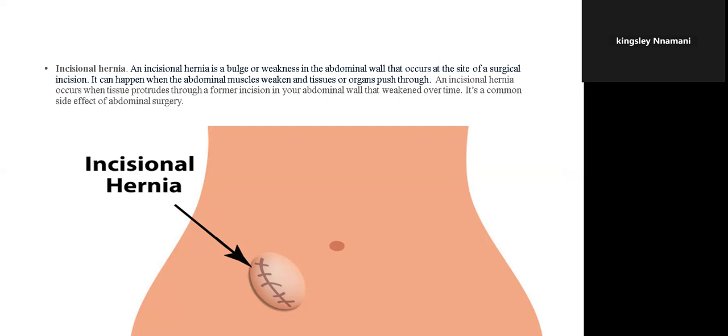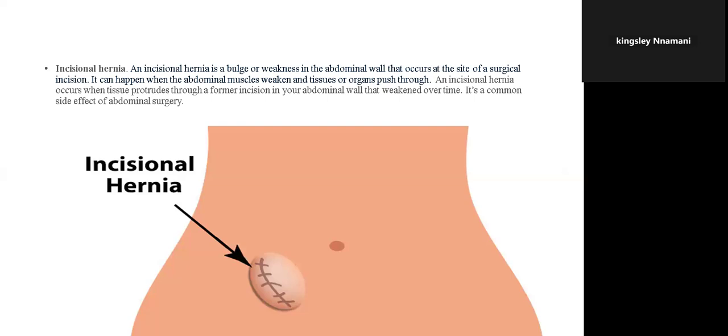Now, we have incisional hernia. I'm sure a lot of us listening to this Zoom lecture today will be aware of this, especially mothers who probably have done, or men who have done operations in the past. Now, incisional hernia is an incisional bulge.